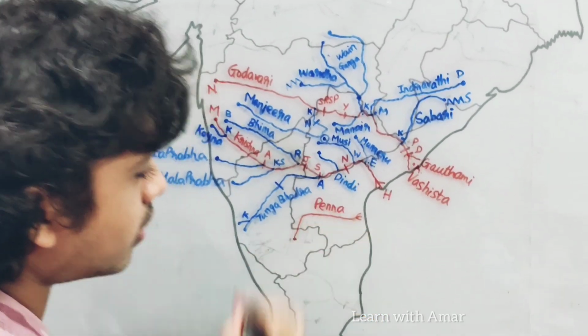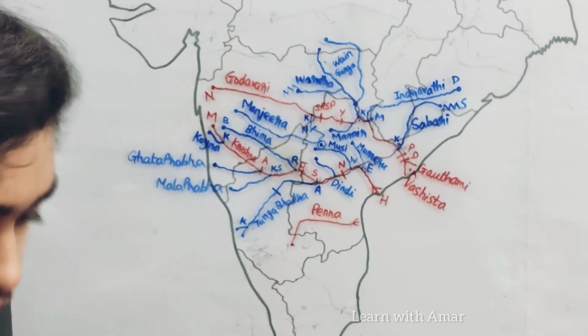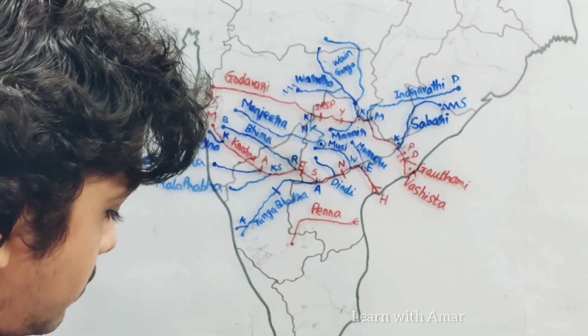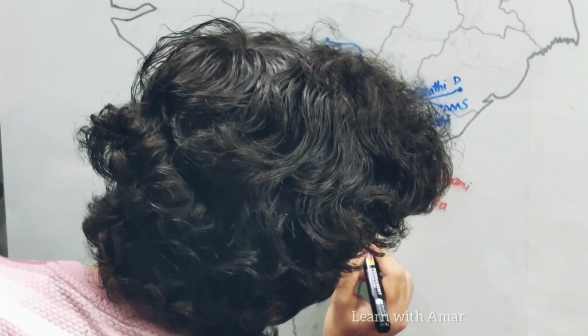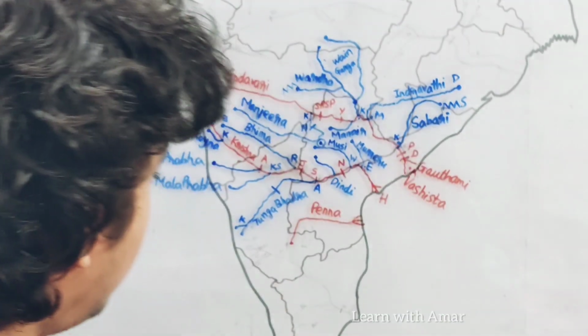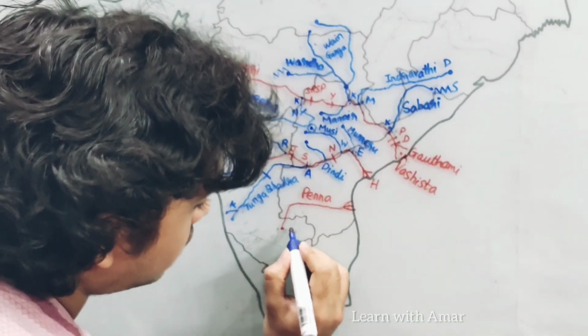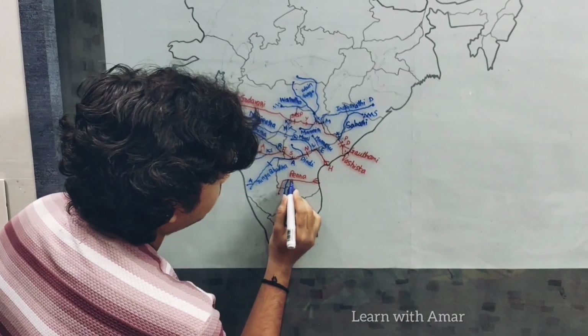It has two tributaries. It joins the Bay of Bengal. Now we have two tributaries. This is Chitravati and this is Papagni.